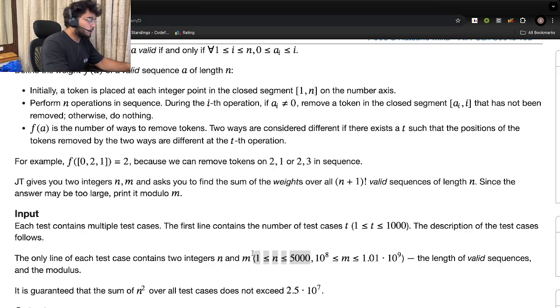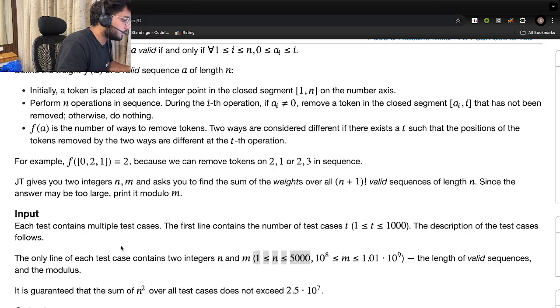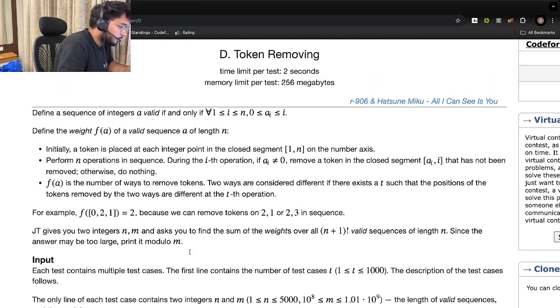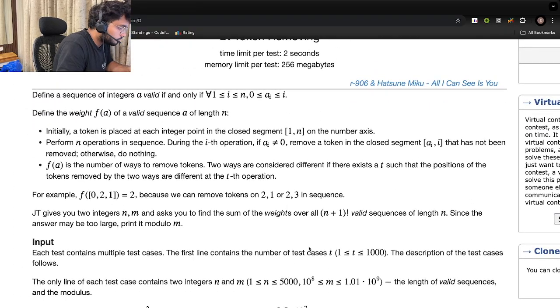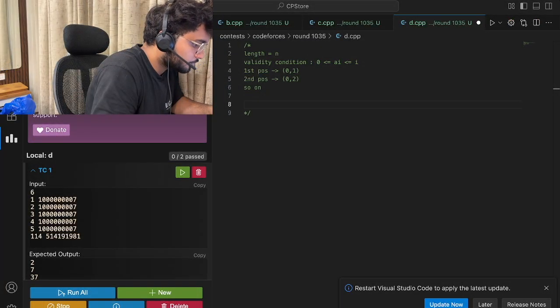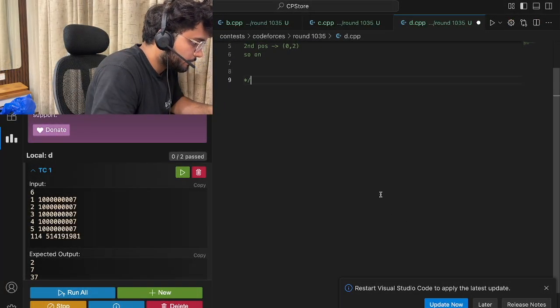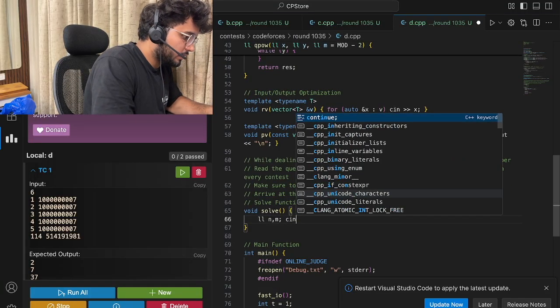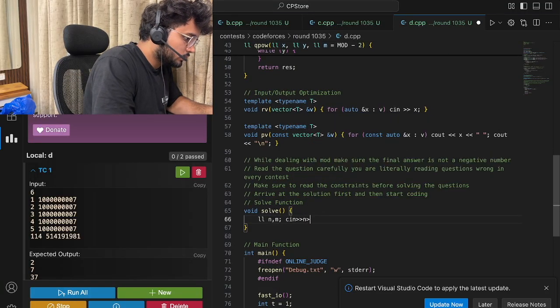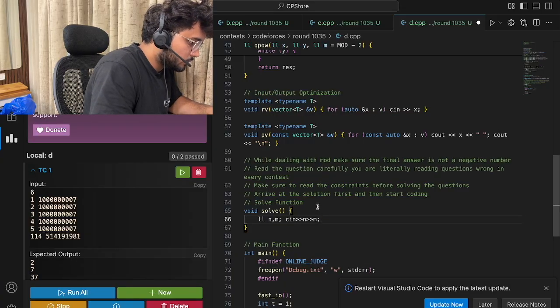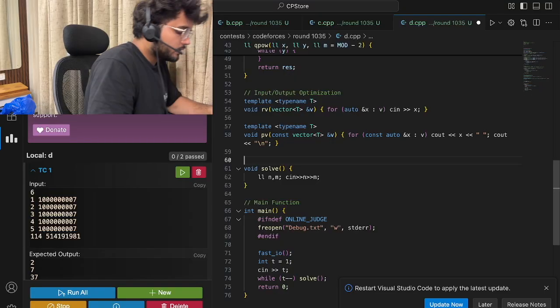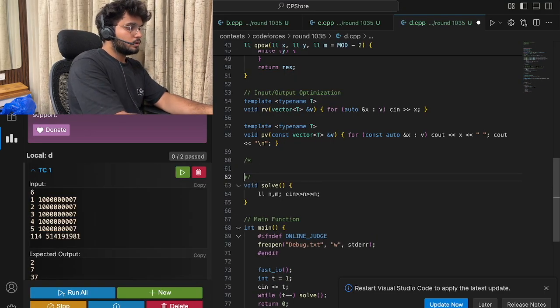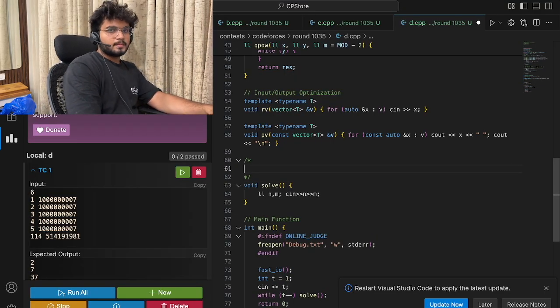Okay, so now let's move towards the solution and how I approached this problem. Initially we are given L, N, and M. This is my template. Let's start with smaller sequences.